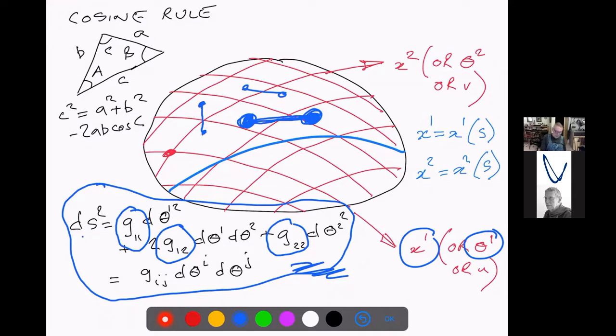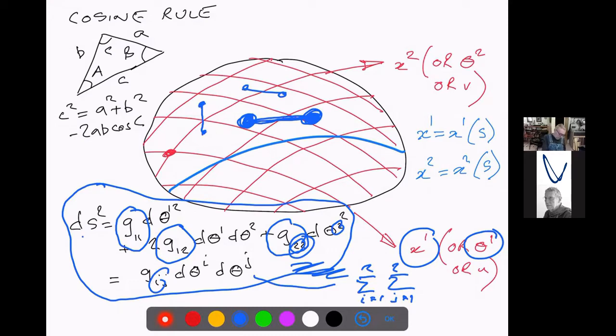Whereas looking at it this way, with your coordinates being dragged with the material, everything is straightforward, except for the fact that you've got these rather annoying subscripts and superscripts. Here, in this bit here, there's a sigma, i equals 1 to 2, j equals 1 to 2. And that's used all the time in tensor analysis. It's the Einstein summation convention.